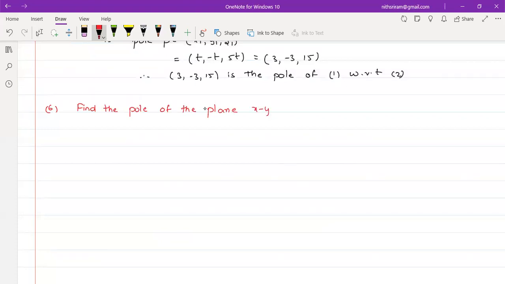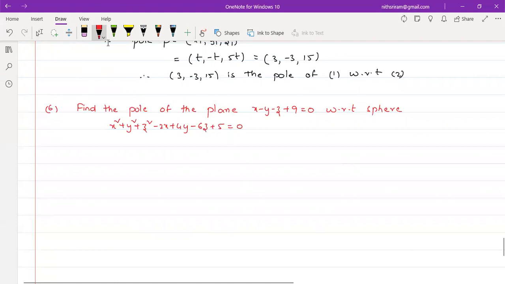x minus y minus z plus 9 is equal to 0 with respect to the sphere x square plus y square plus z square minus 2x plus 4y minus 6z plus 5 is equal to 0.